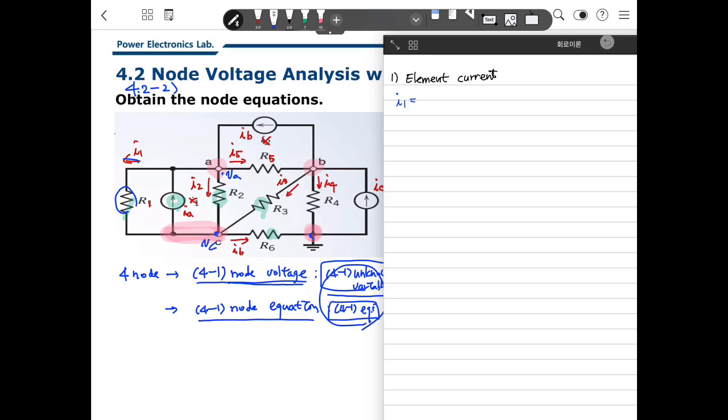So what is the voltage difference here? This is VA, this is VC, so the voltage here is VA minus VC. So I1 will be VA minus VC divided by R1.